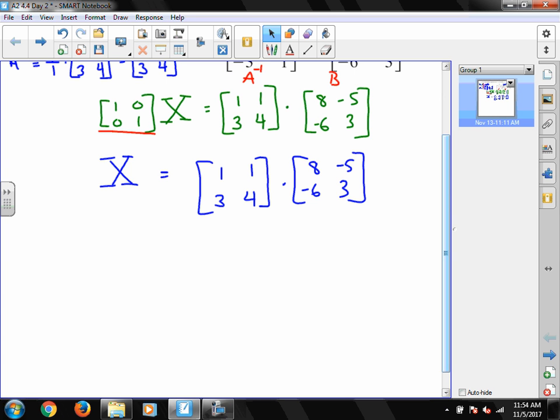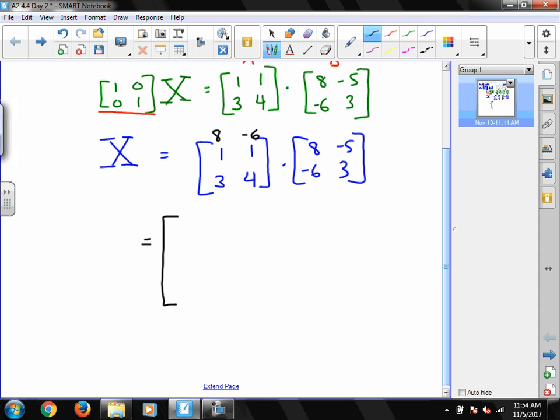So I think the easiest way, bring the 8 and the negative 6 up. I'm going to get 1 times 8, and 3 times 8 plus 1 times negative 6 and plus 4 times negative 6.